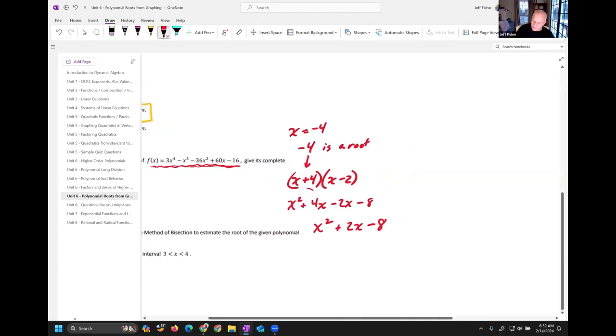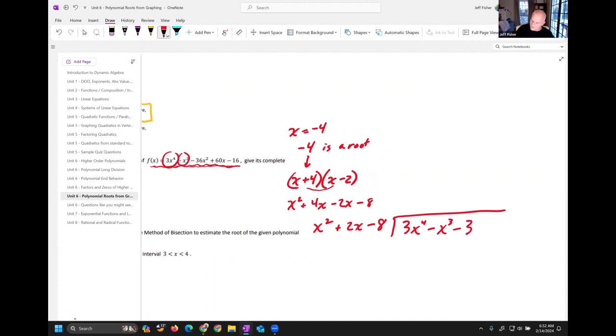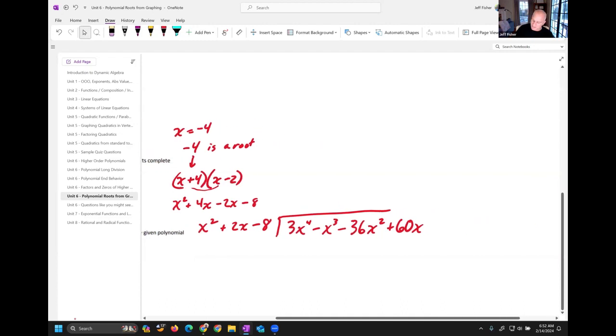When we multiply these two together. And then we divide this into this whole big mess, 3x to the 4th minus x cubed minus 36x squared plus 60x minus 16.